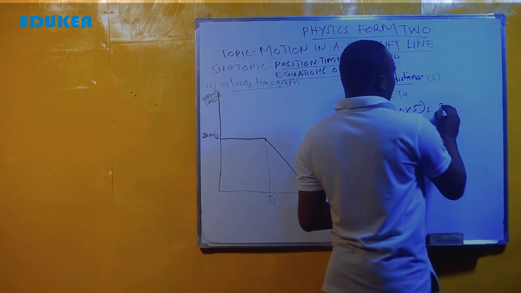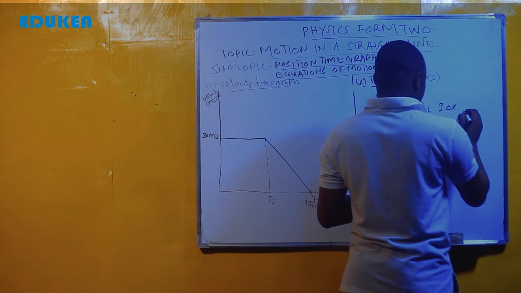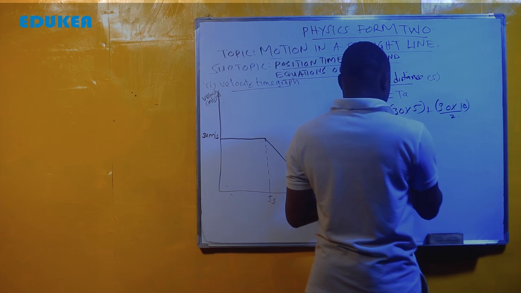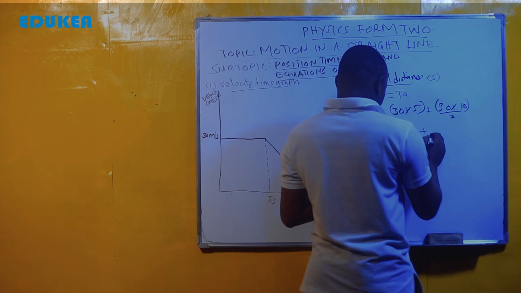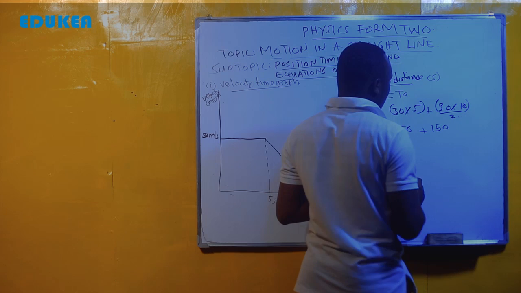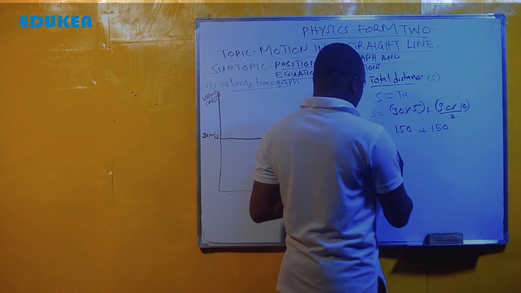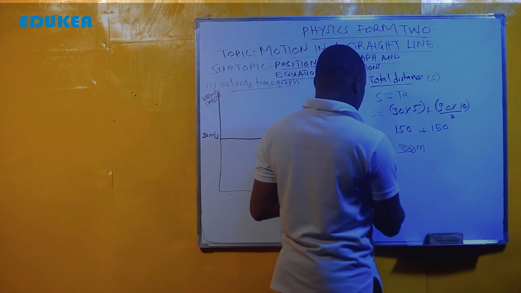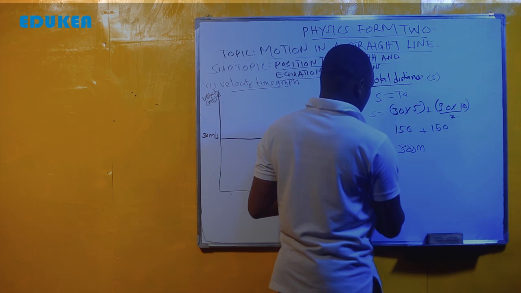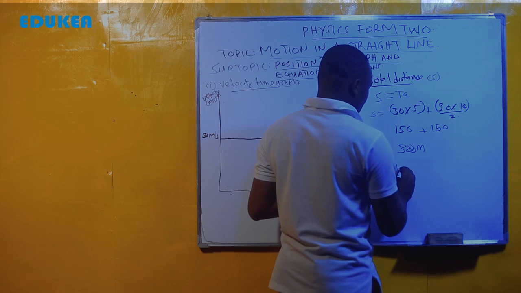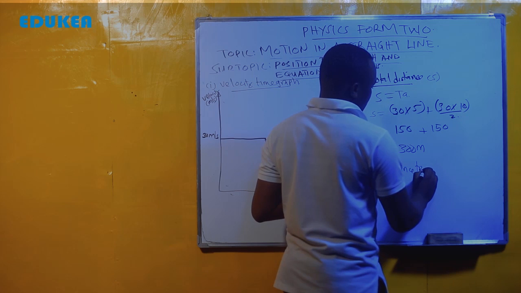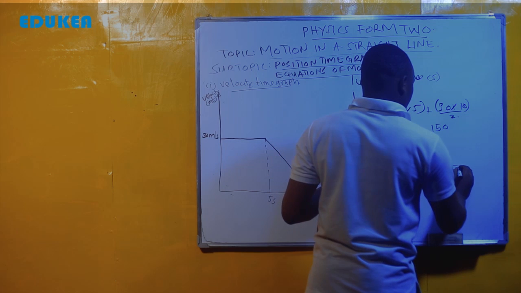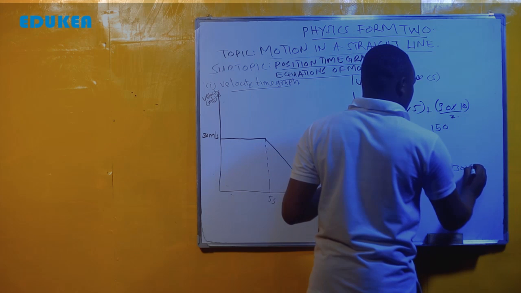So you will get 150 plus 150. So the distance will be equal to 300 meters. So you will say distance traveled is 300 meters. So that is how you will be able to find the distance traveled by the car.